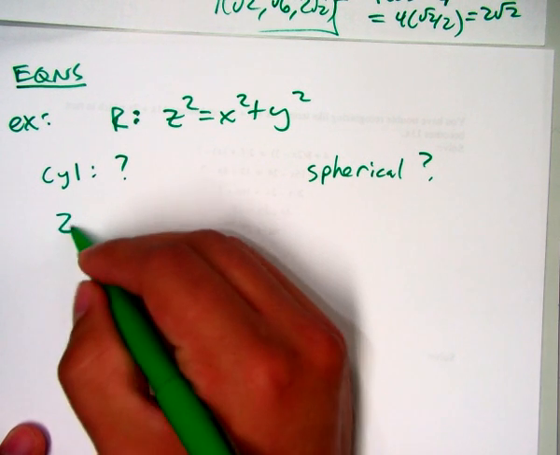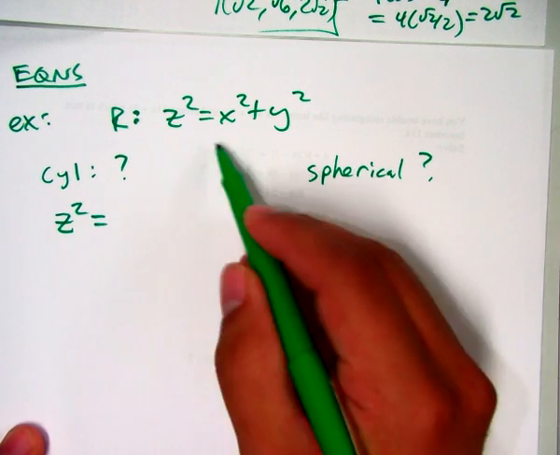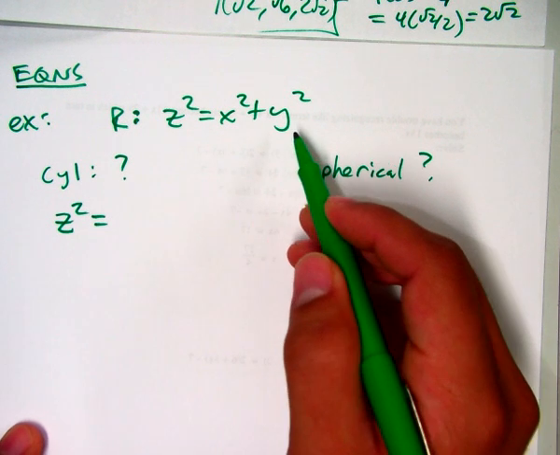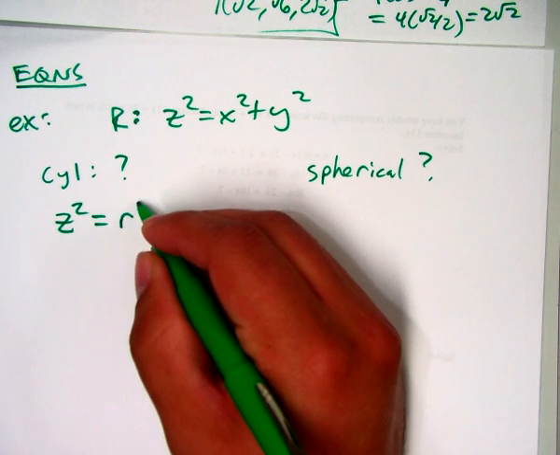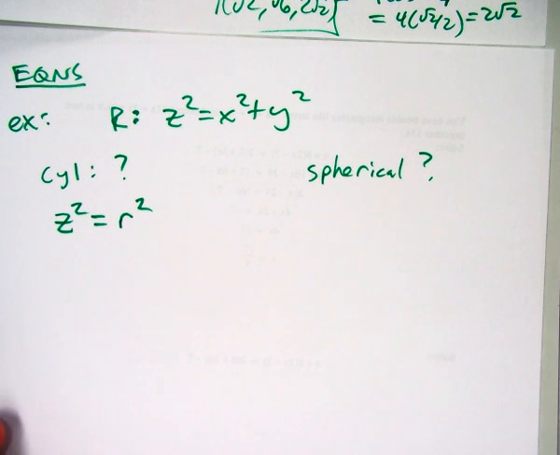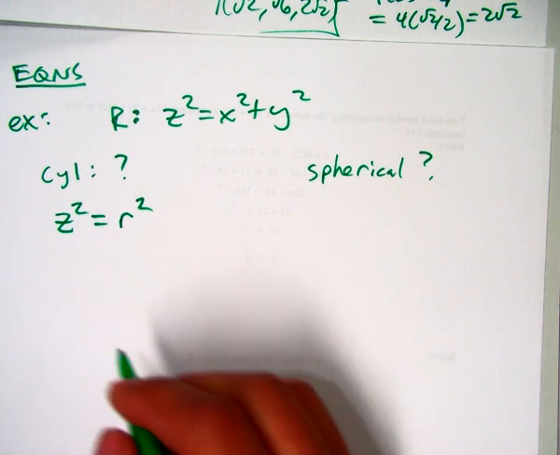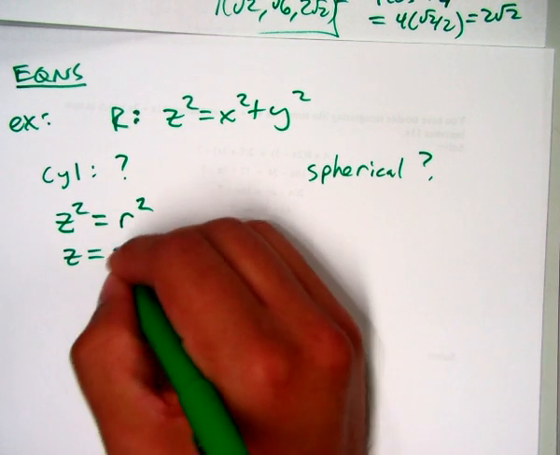Yes. Do we want x squareds and y squareds? Do we know what x squareds and y squareds become? Or just go straight to r squared? You could do r cosine theta, r sine theta, and then you pull out the r squared, and then you get cosine squared plus sine squared is 1. Or just go here. So z is r.